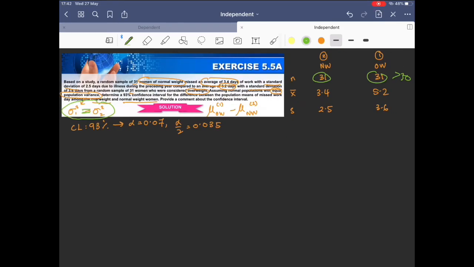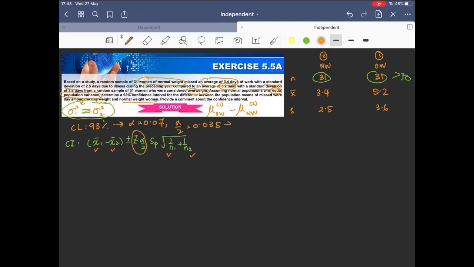Right. So we write down the formula. The formula is x bar 1 minus x bar 2 plus minus z alpha over 2 times sp times square root of 1 over n1 plus 1 over n2. Okay, check one by one. You have x bar, you have n, you don't have z alpha over 2.